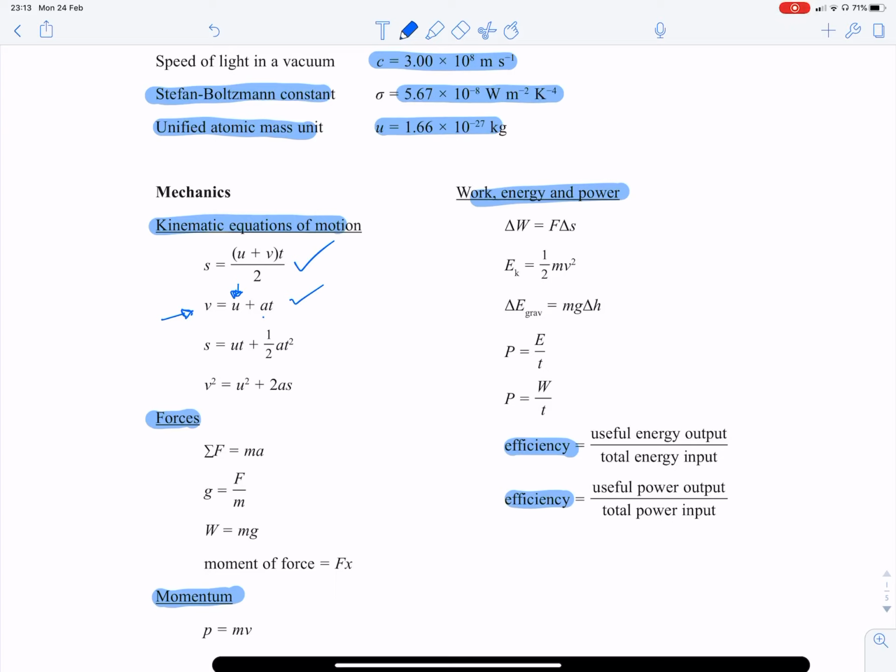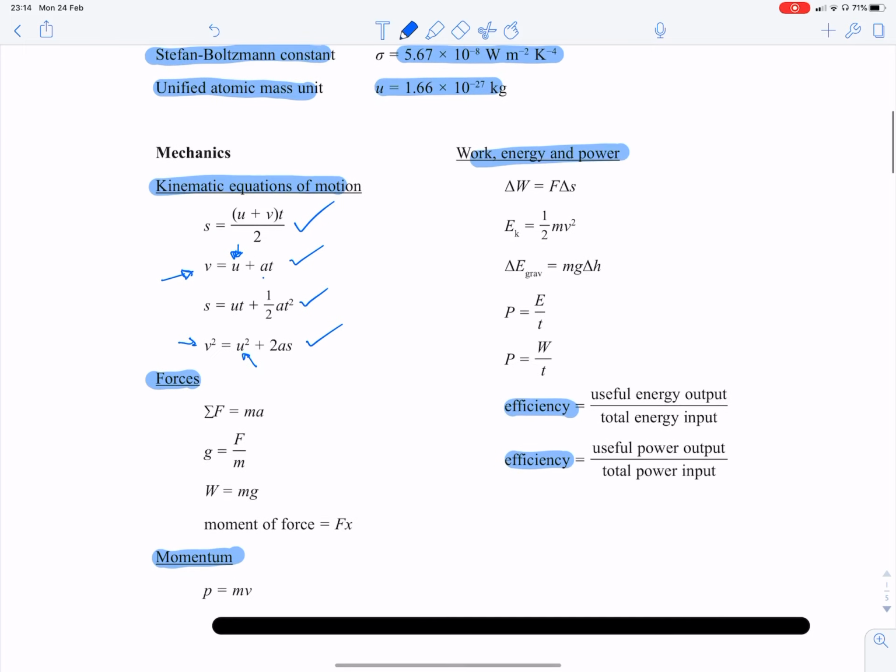And distance covered is also ut plus half at squared, where t is the time, a is the acceleration of the object, and u is the initial velocity. And v squared equals u squared plus 2as. That's final velocity squared equals initial velocity squared plus 2 times acceleration times the distance traveled.